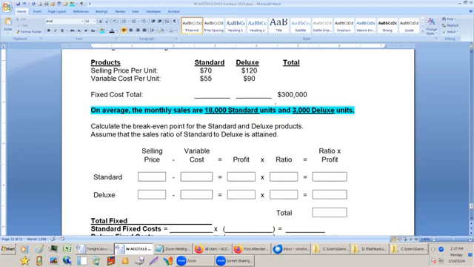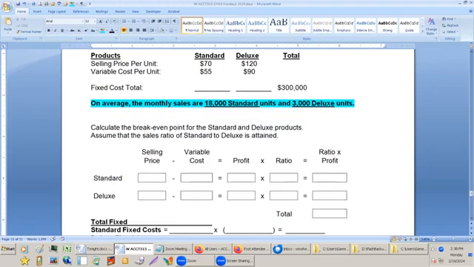What is the ratio of standard units sold to deluxe units sold? And again, you can just put it in chat if you want. Yeah, this would be 6 to 1.